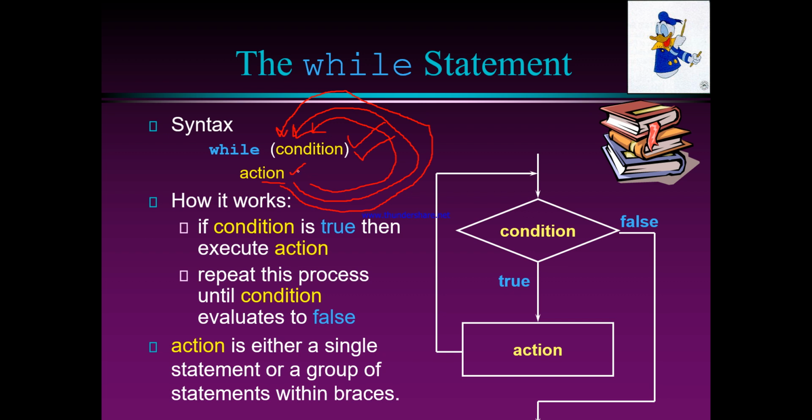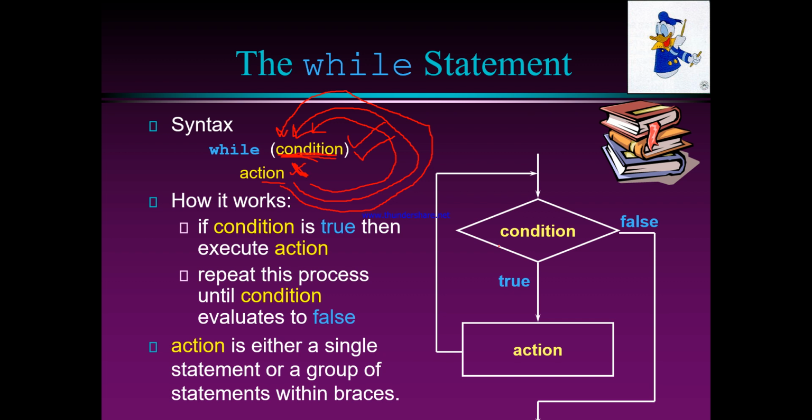Unless and until this condition is true, the action will be performed iteratively. But when the condition becomes false, the action will not be performed. This is why this is known as an iterative construct or iteration statement.